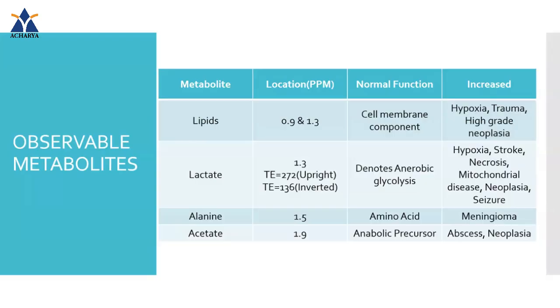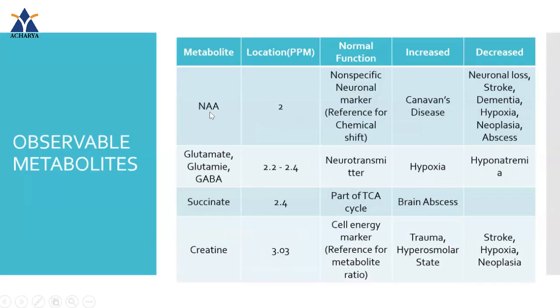So there is another concept of the good, bad, and ugliest metabolite. Your NAA is considered a good metabolite because it represents our neuronal health. It is a neuronal marker, and if you have a good central peak of NAA, it means you have good neuronal health. But here is one exception. In case of Canavan's disease, there is over elevation of your NAA peak.